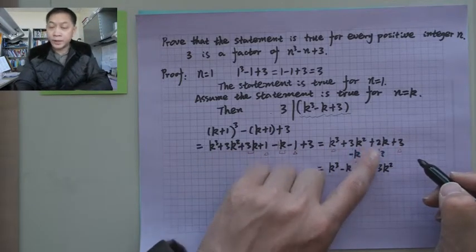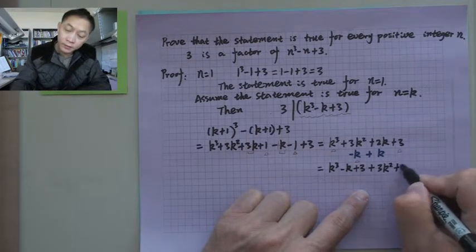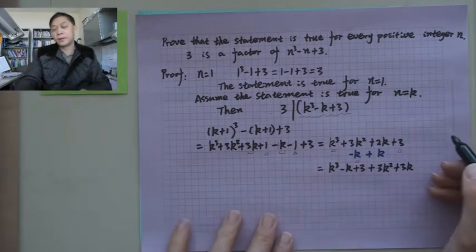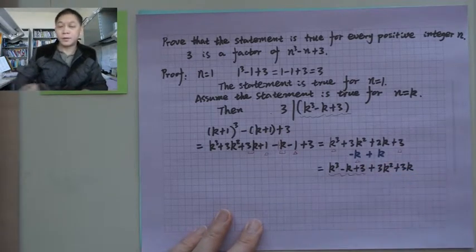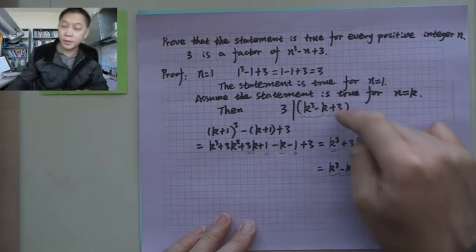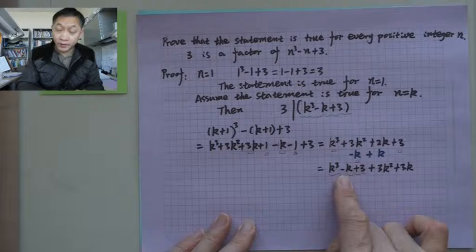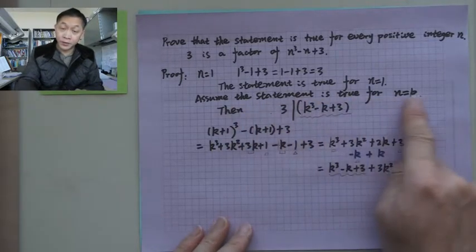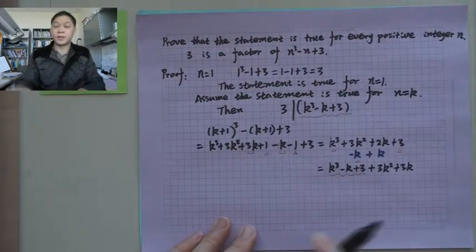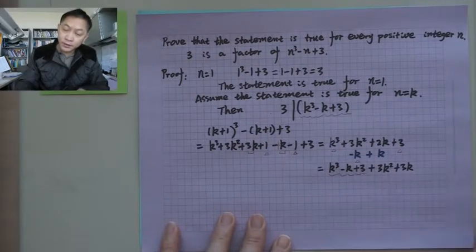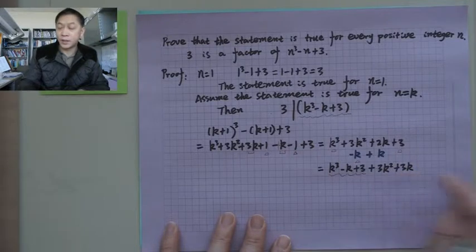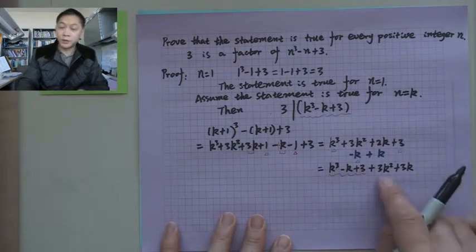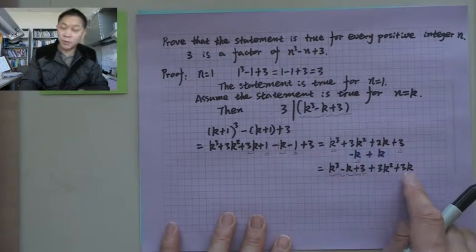And here k and 2k together is 3k. Fair enough, the first part is divisible by 3 because we assume this is true. That's the technique. How about the other part? This one for sure is divisible by 3, because you see 3 times k squared plus k. This one is divisible, and this one is divisible.